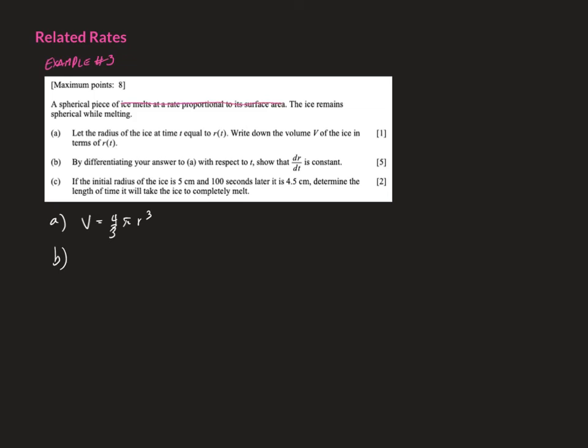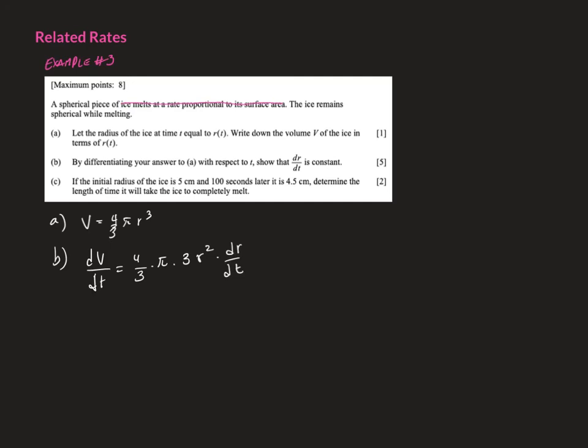So that's going to be key for B. So we need to find the derivative of the volume, and that is going to be dV with respect to time is equal to 4/3 times pi times 3r squared times the derivative of r with respect to time.